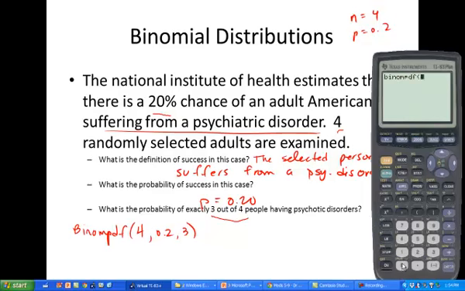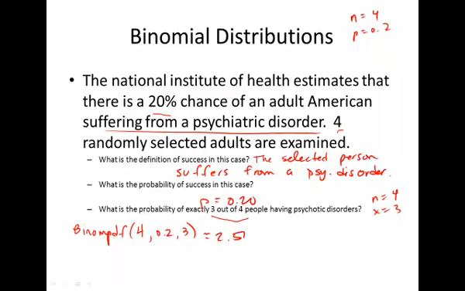So 4, 0.2, 3. 2.56%. Okay, so it's low, it's expectedly low because each person only has a 20% probability, and we're saying 3 out of 4 people. That's extremely unlikely. And so this illustrates the fact that it's extremely unlikely. So any group of 4 people has a 2.56% chance of having 3 of them with a psychotic disorder.